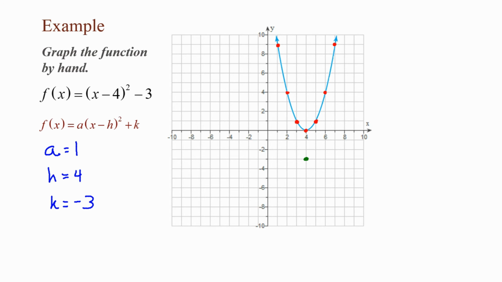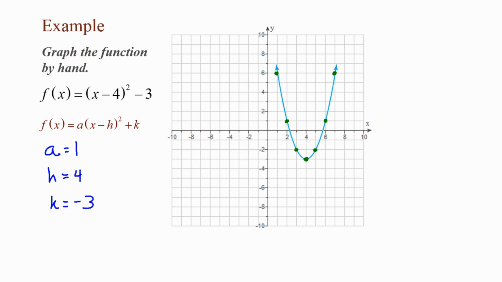So (4, 0) becomes (4, negative 3), (3, 1) becomes (3, negative 2), and (5, 1) becomes (5, negative 2). (2, 4) becomes (2, 1), and (6, 4) becomes (6, 1), and (1, 9) becomes (1, 6), and (7, 9) becomes (7, 6).